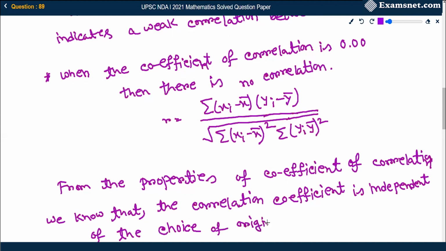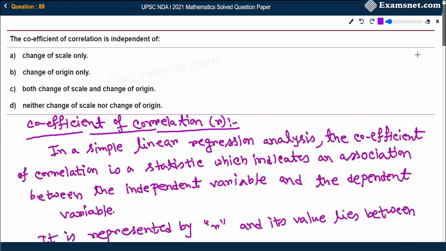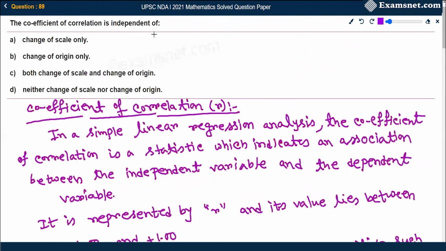So here from this we can say that the coefficient of correlation is independent of both change of scale and change of origin. Option C is the correct answer.